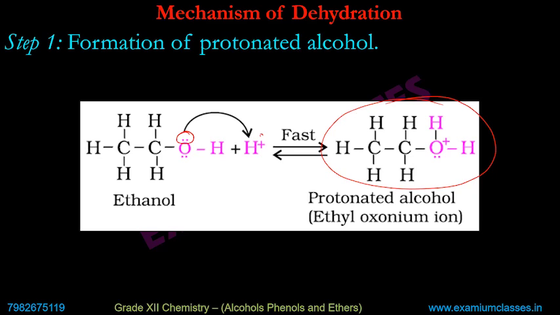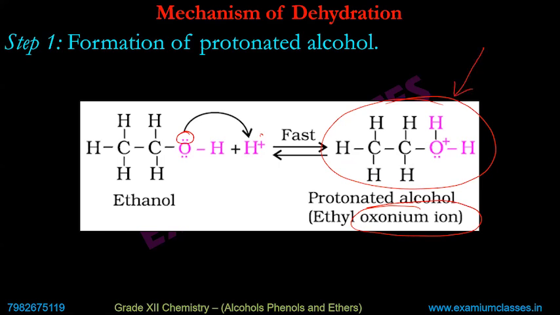And oxonium ion. So remember the names here. Oxonium ions will be formed when the oxygen of not only alcohol, but of any molecule which has lone pairs, attacks the proton and forms this type of product.